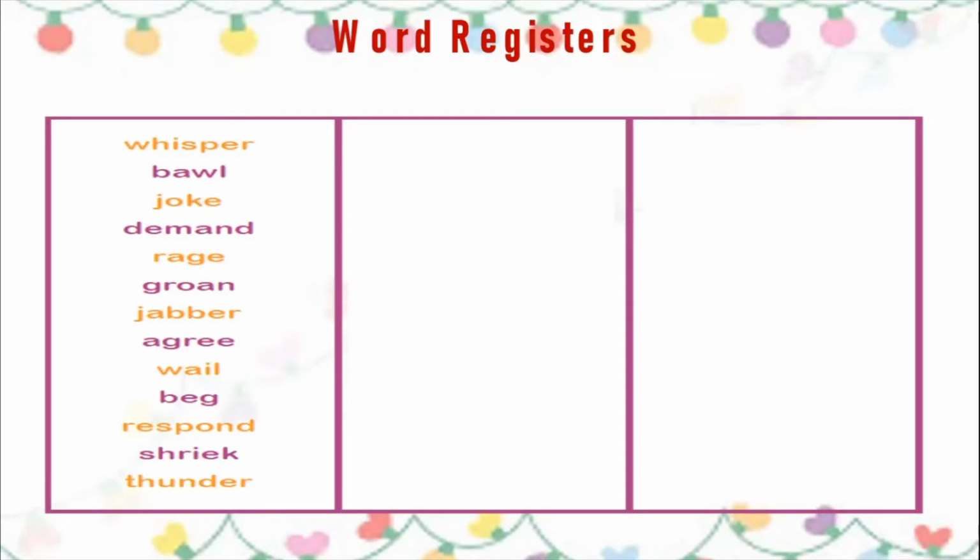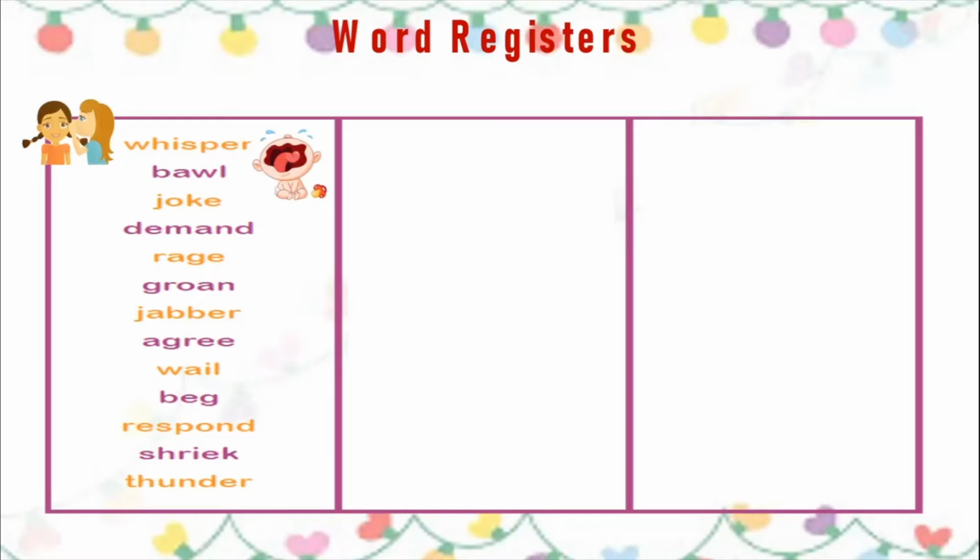You have the first word, whisper. Whisper means saying something very quietly into someone else's ear, and the third person will not be able to hear what you're saying. So when you whisper, it means you're saying something. Look at the next word. Next word means to bawl.